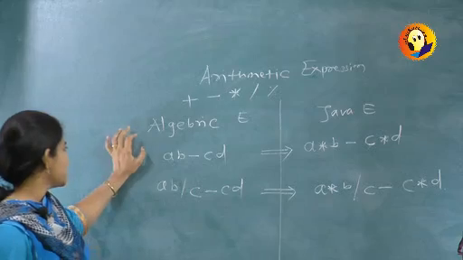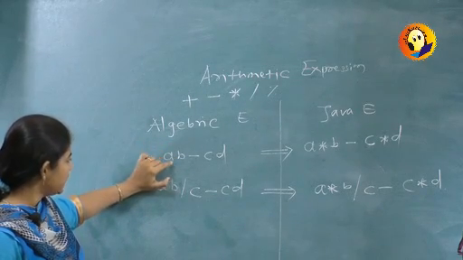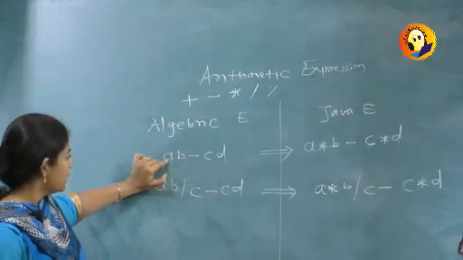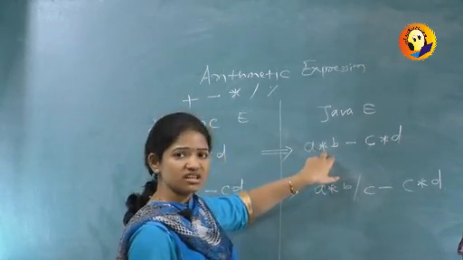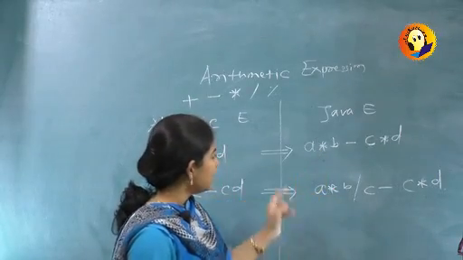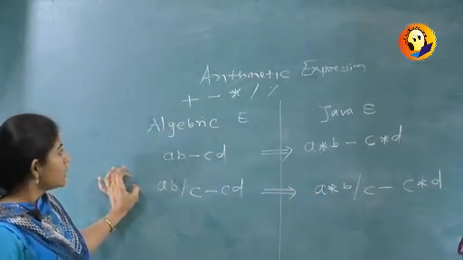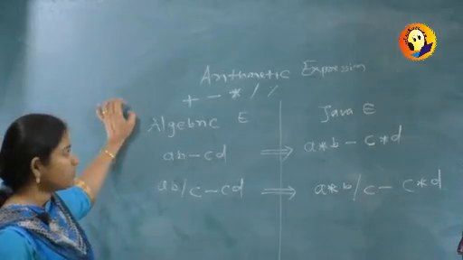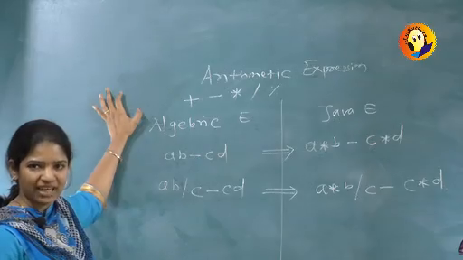If a sign is not included between two variables, then that sign is the multiplication sign. We need to consider it as a multiplication sign and represent it that way in the Java expression. In this way, arithmetic expressions are represented in the Java programming language.